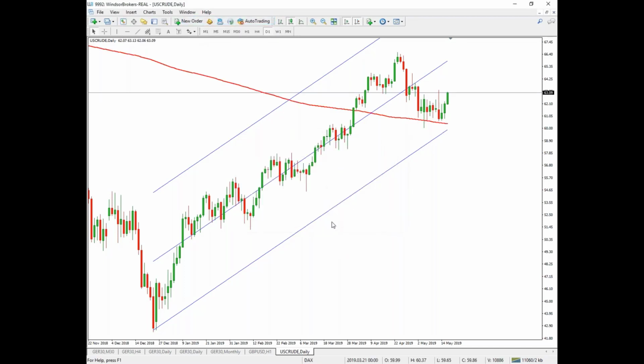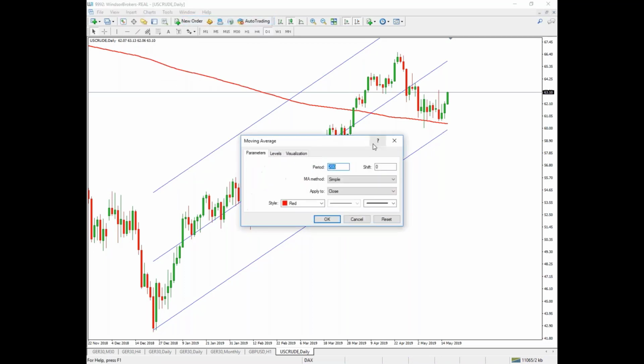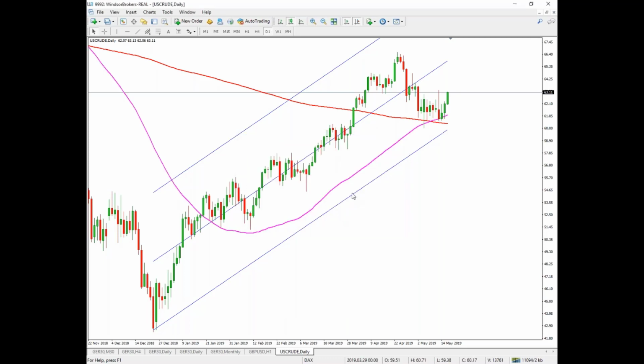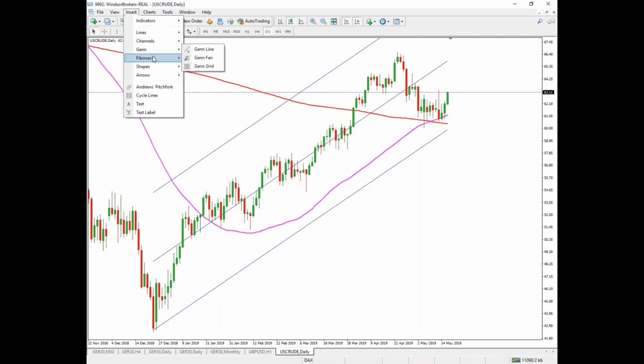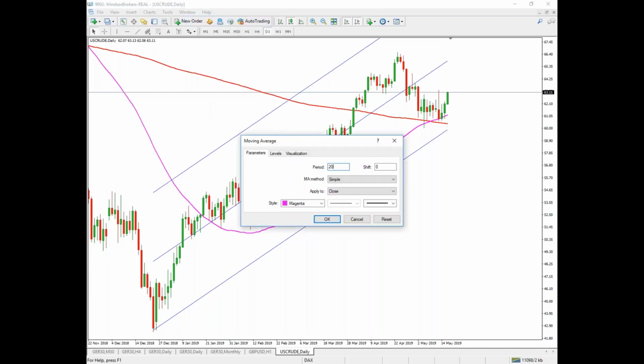Let's put 200 days. Let's put 55 days moving average. We can put 20.